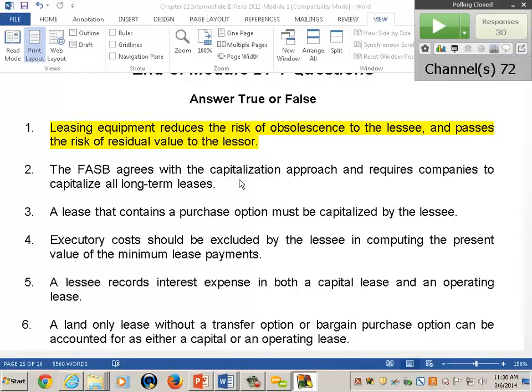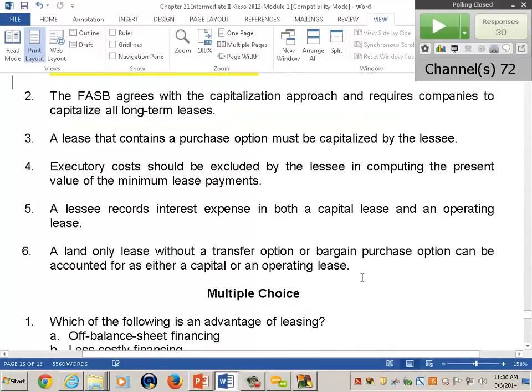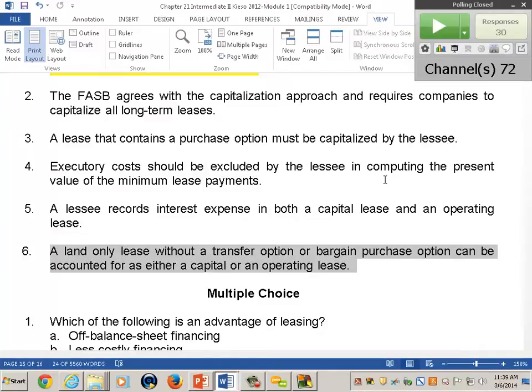Number 6. I'm not going to ask you this one, but I want to discuss it with you. It's something we didn't cover, but I knew I could discuss this question with you. A land-only lease.